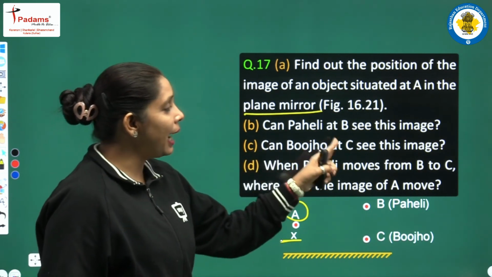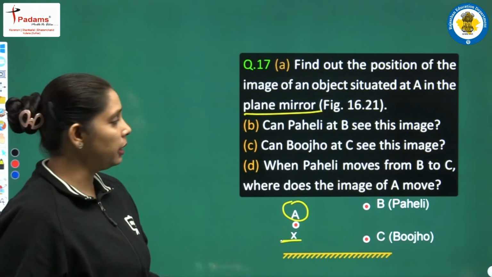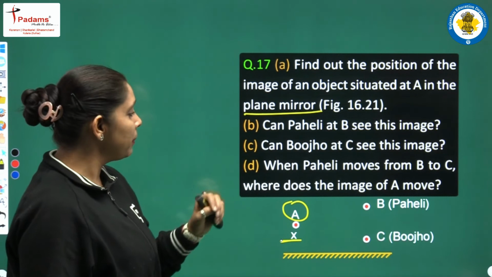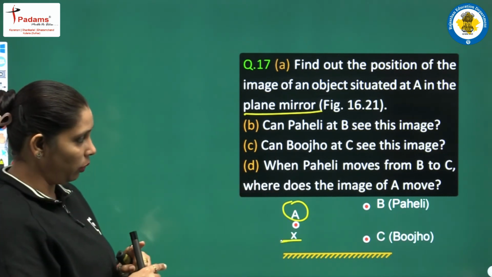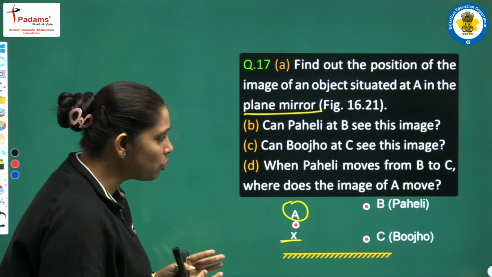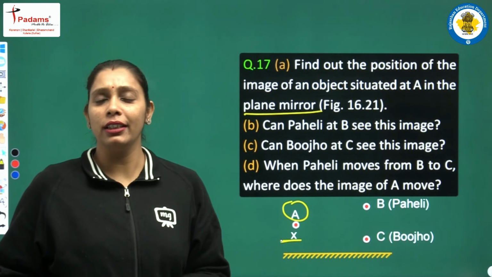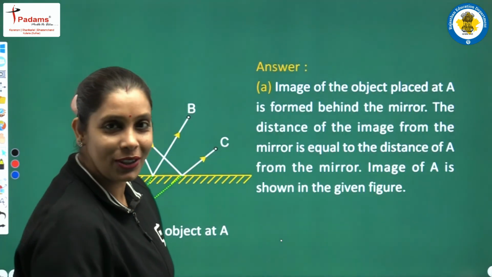Can पहेली at B see this image? Yes, देख सकती है। Can बूझो at C this image? Yes, वो भी देख सकता है। When पहेली moves from B to C, okay, where does the image of A moves? उसकी इमेज क्यों मूव करेगी? उसकी इमेज तो मूव नहीं करेगी। So students, let's talk about the solution.